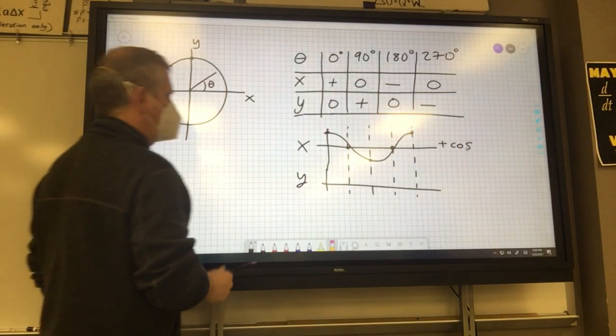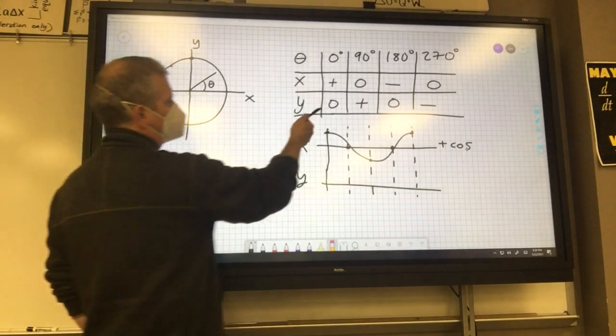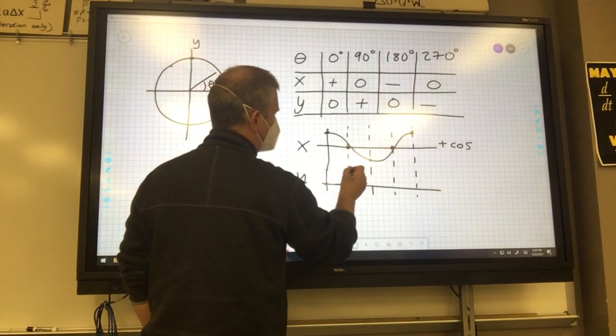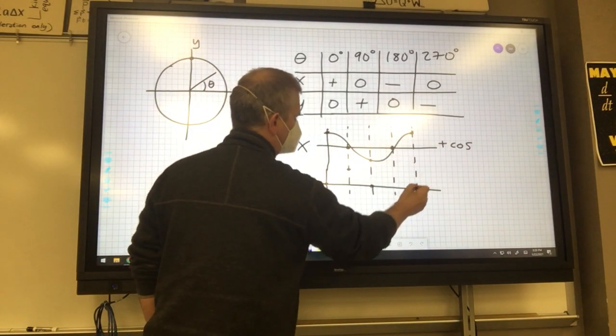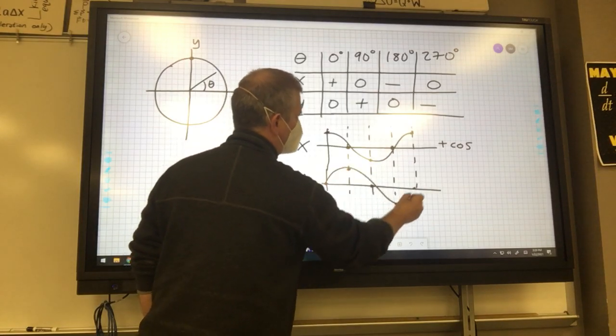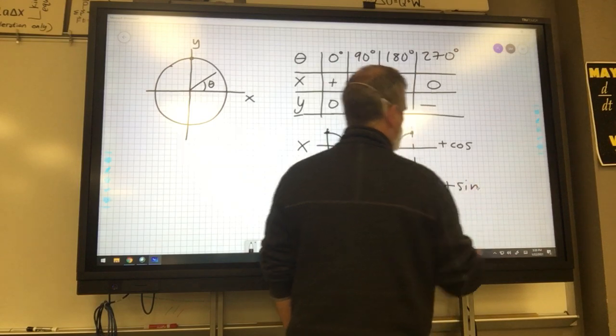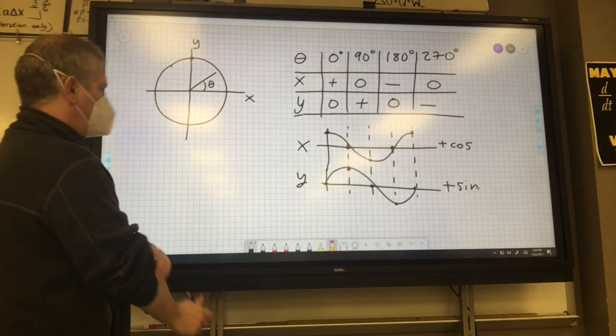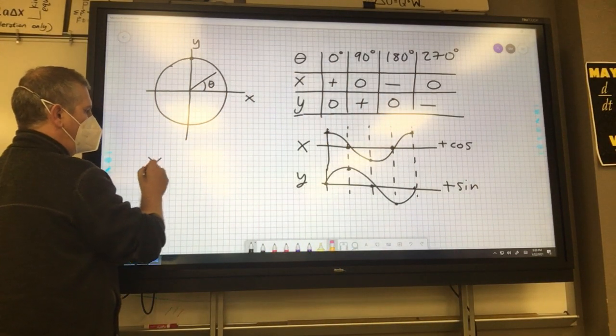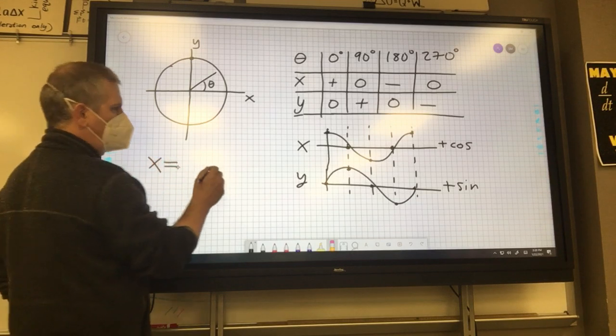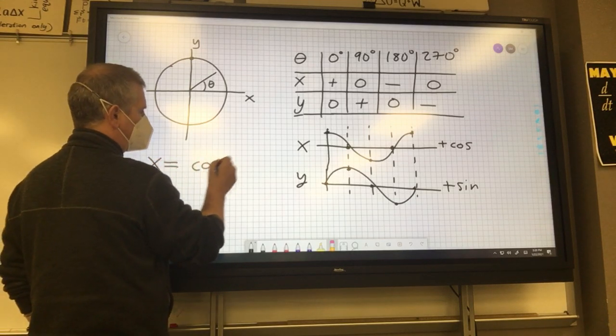Well, how about the y position? Well, the y position goes 0, positive, 0, negative, 0, which is, of course, a positive sine graph. So we could say, oh, so our x equation would then be cosine of theta.